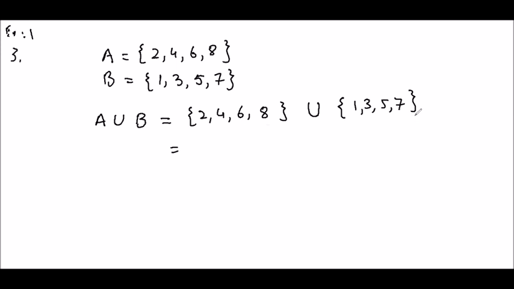But do not repeat. If some element is repeating, do not write it. But here all the elements are different in this question. So we will write all the elements. 1, 2, 3, 4, 5, 6, 7, and 8.